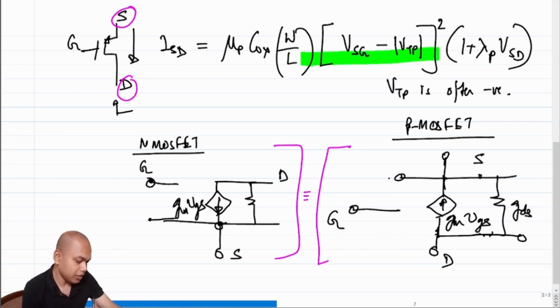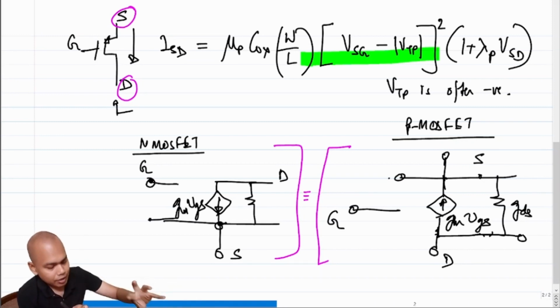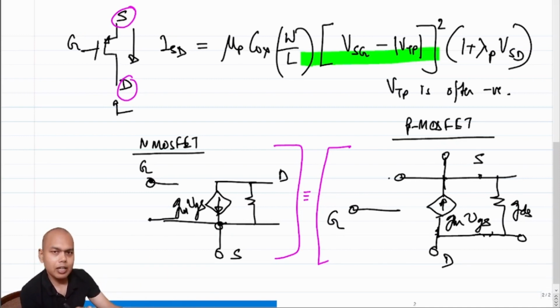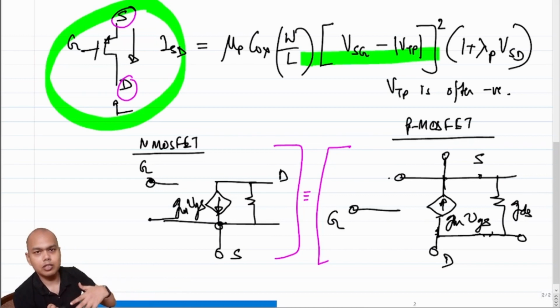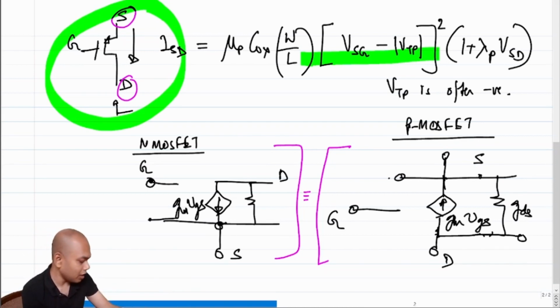You have Gm VGS current flowing from drain to source in both cases, but the way we tend to sketch these incremental models is we flip it, because in the actual model, in these devices, the drain is at a lower potential. So just because we want an equivalence, it is better to follow this flipped mode.